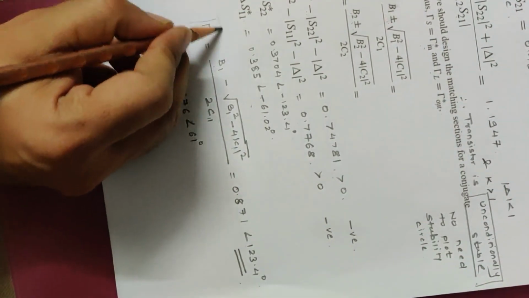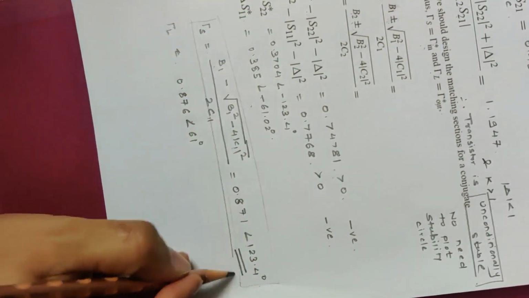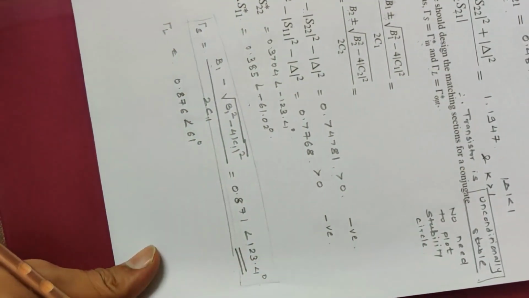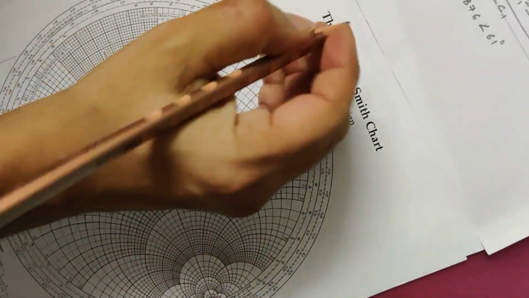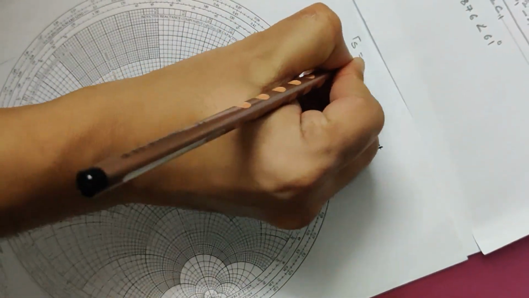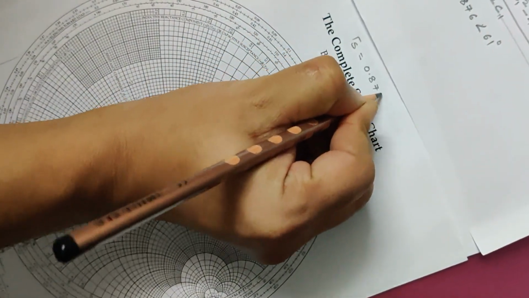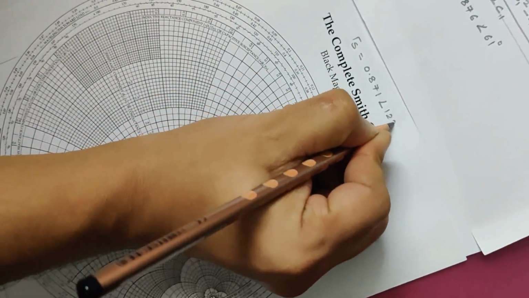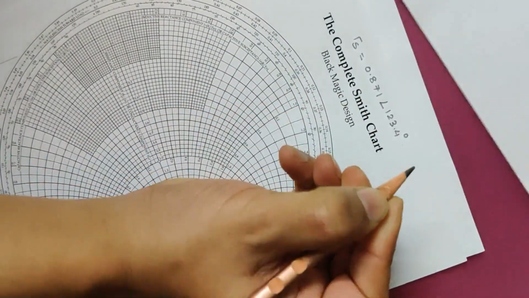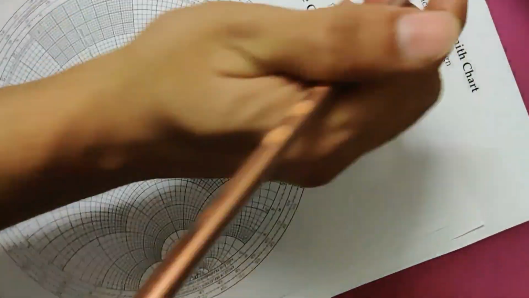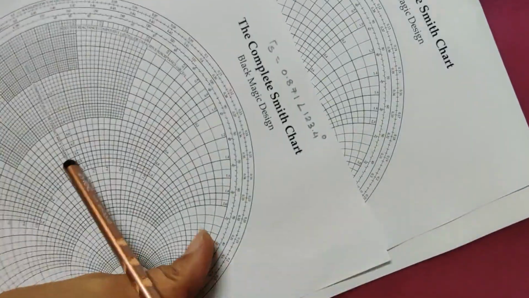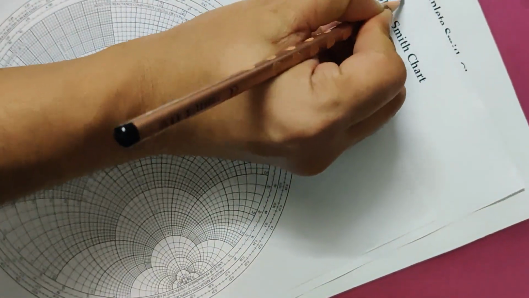Now we'll proceed for the matching of gamma S using Smith chart. So we'll write over here gamma S is equal to 0.871 angle 123.4 degree. I'll proceed for the matching of this gamma S, and later on I will proceed for the matching of gamma L using another Smith chart.